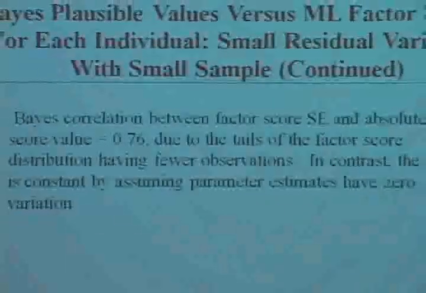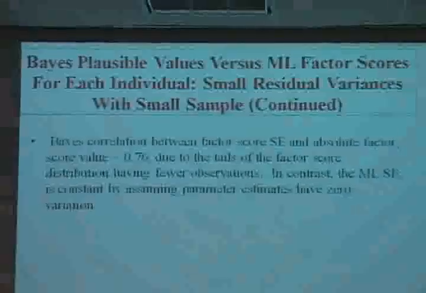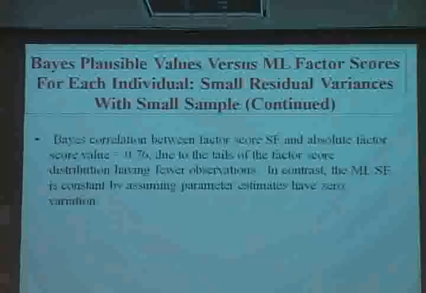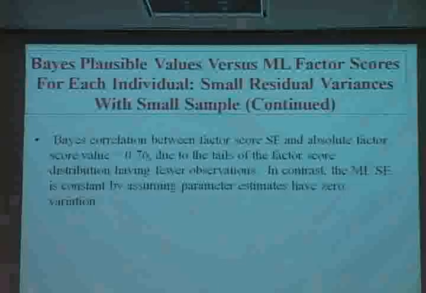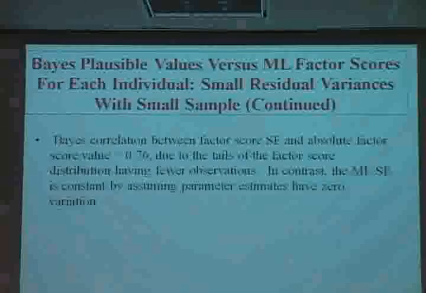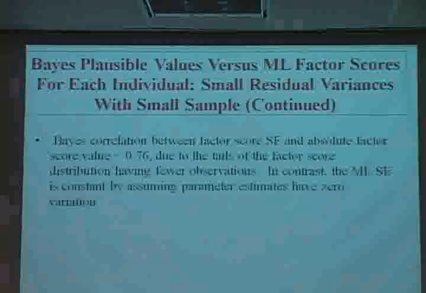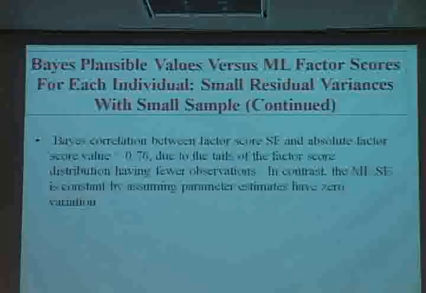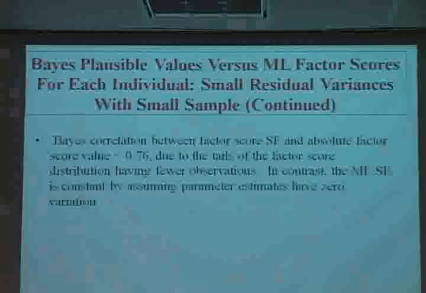So there's a very high correlation between the standard error and the absolute value of the factor score, meaning that for larger factor scores, by absolute value, you're going to have larger error, which is a natural and justified thing to do, because for larger factor scores you have fewer observations, since they're in the tail. So it makes a lot of sense. In contrast, ML produces constant standard errors for all the factor scores, and that's why it misses a lot of the true values on the coverage.